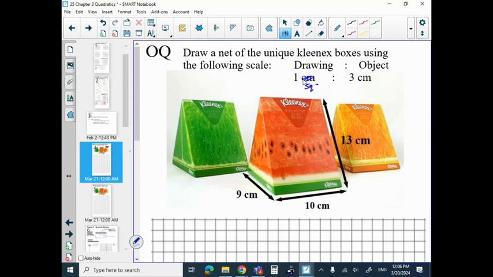Make it easy. So 3 centimeters on the object would be the number of squares on the drawing, right? So we're going to use the scale to calculate things out. Let's just think about the general idea of the net first. Picture this rectangular bottom, right?